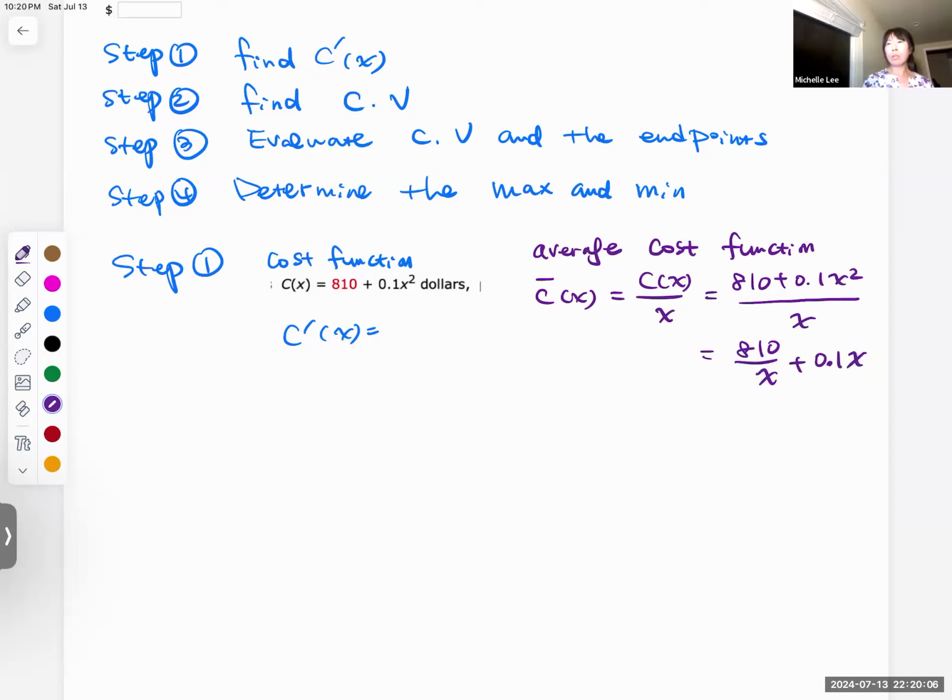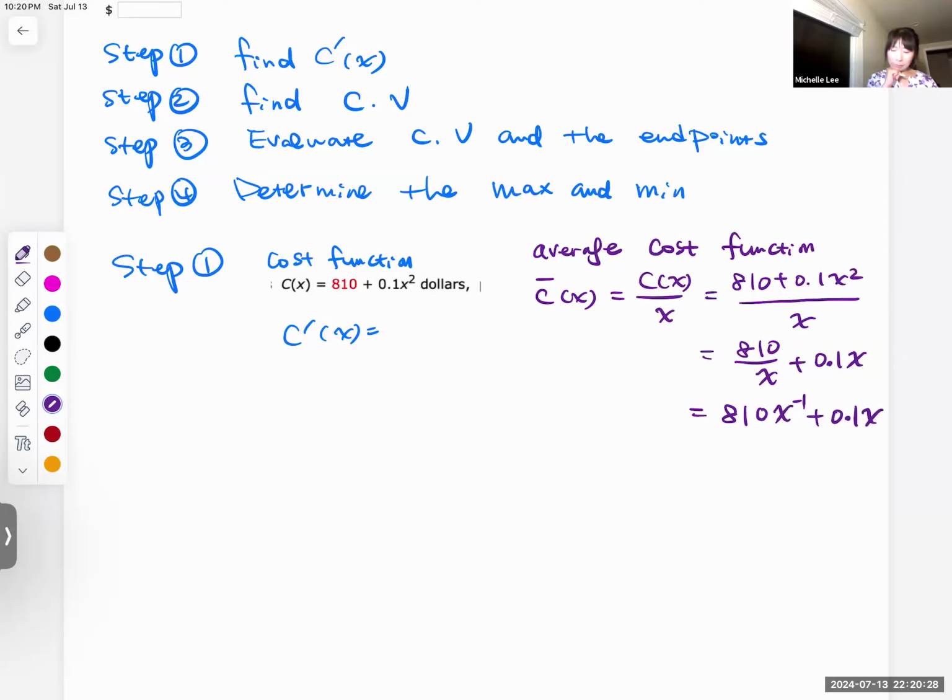Okay, now let's simplify. We need to convert to the power form in order to take the derivative. So 810 x to the negative 1 power plus 0.1 x, yeah?